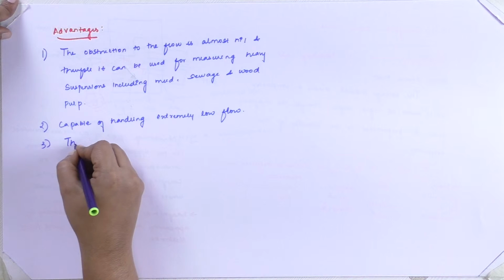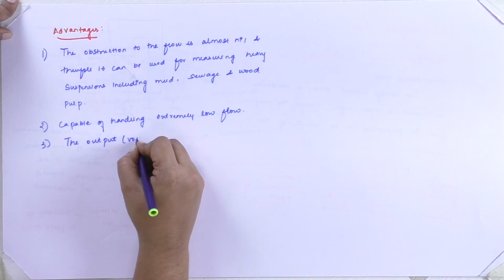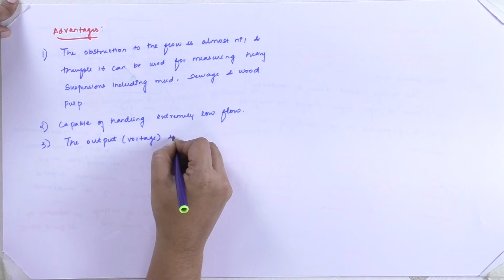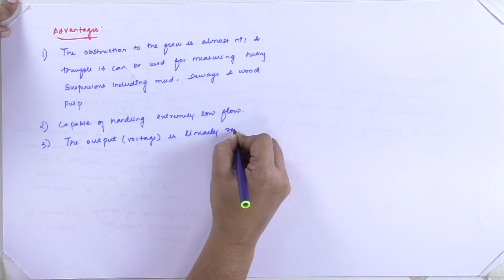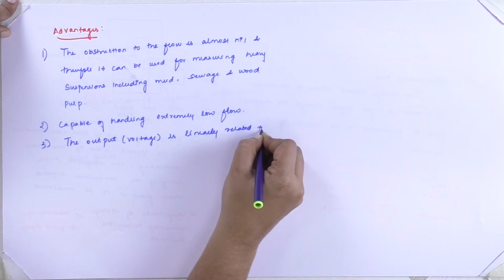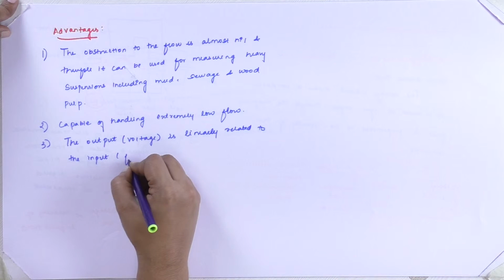Third one, the output, that is the voltage, is linearly related to the input, that is the flow rate.